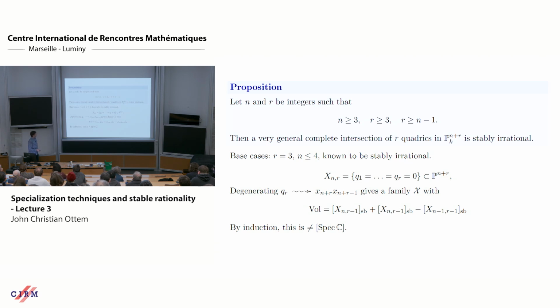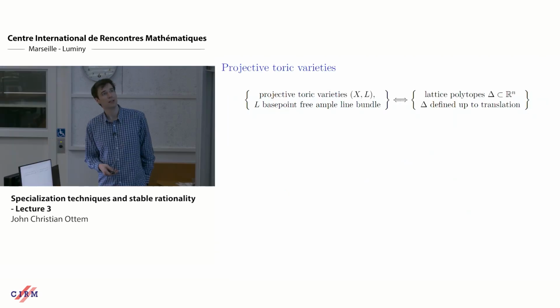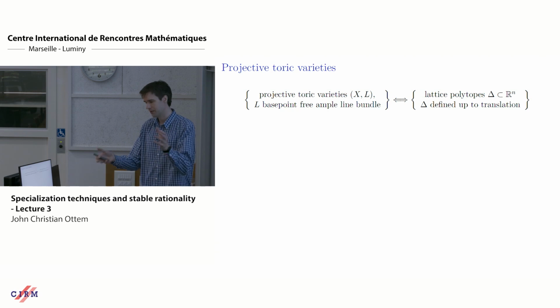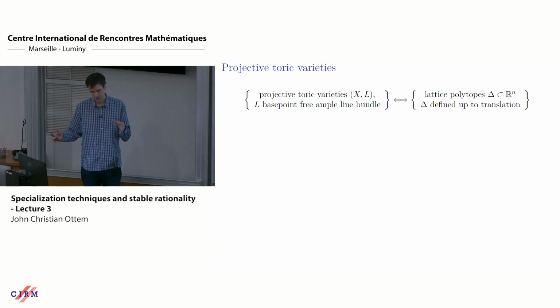So the point of today is to develop a more sophisticated way of writing down degenerations, and they will use toric degenerations. And the idea is that if you have a toric variety, you can degenerate this using combinatorial techniques, and then you typically get more components.